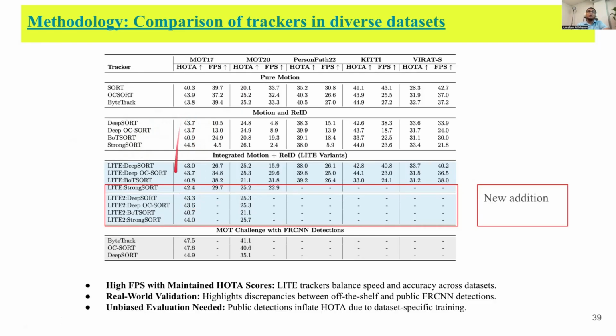However, their FPS changes, and FPS changes in favor of LITE. Because as we just discussed, LITE tries to optimize the speed, tries to make object tracking real time, because object tracking is a subcomponent of many other vision applications. And if you make it faster, the other vision applications will be faster. So that's why we maintained the same accuracy, but obtained much higher speed, right?